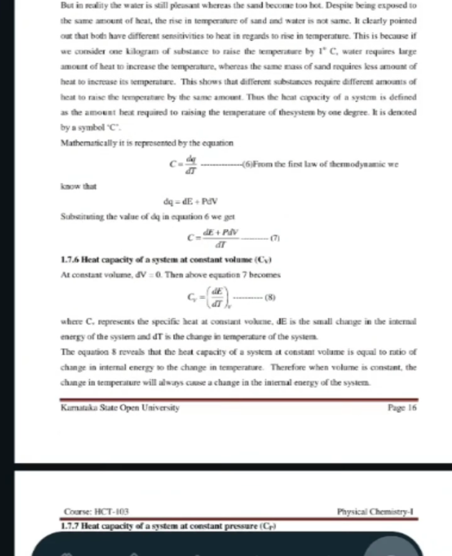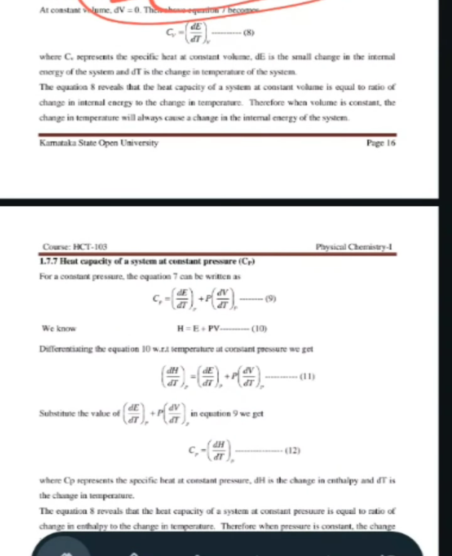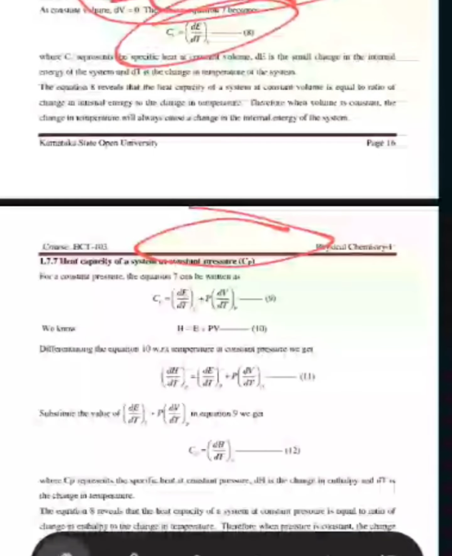The same way, we are going to calculate heat capacity keeping volume constant. The reactant volume will be kept constant. We have taken the same equation 8 by keeping pressure constant, and for heat capacity we are going to get the value.